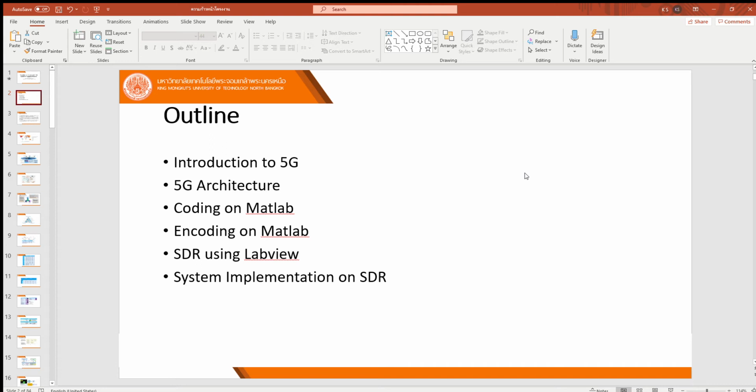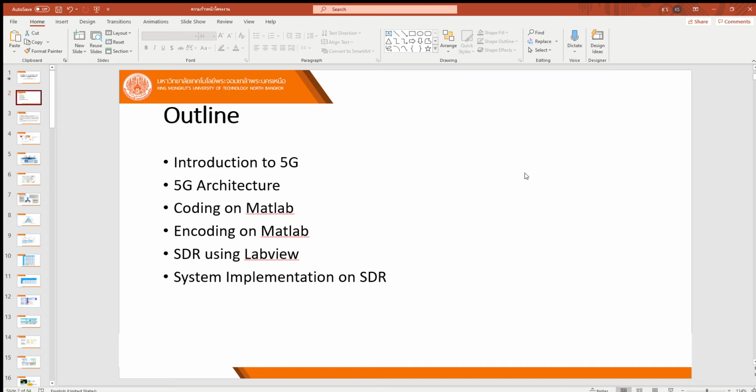Then we will talk about how to do the coding on MATLAB, which is a very famous simulation software around the world. And another one is coding, encoding, and decoding on MATLAB. And also we will talk about how to use SDR, which is the software defined radio, using LabVIEW.